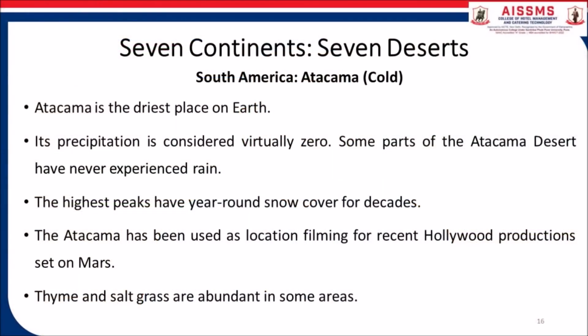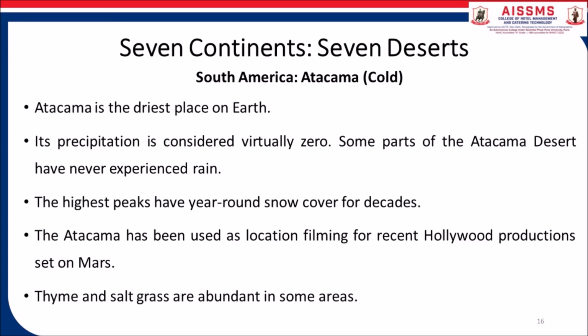Next will be South America, in which a famous cold desert known as the Atacama Desert is situated. Atacama is potentially the driest place on earth. Its precipitation is so negligible that it's considered virtually zero. It's possible that parts of the Atacama Desert have never experienced rain.